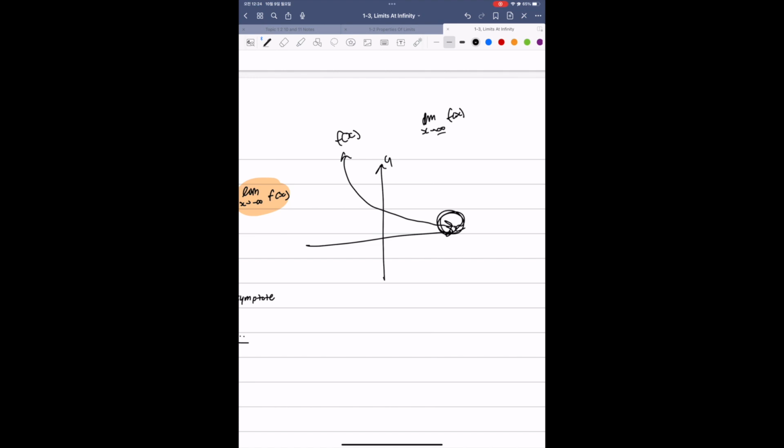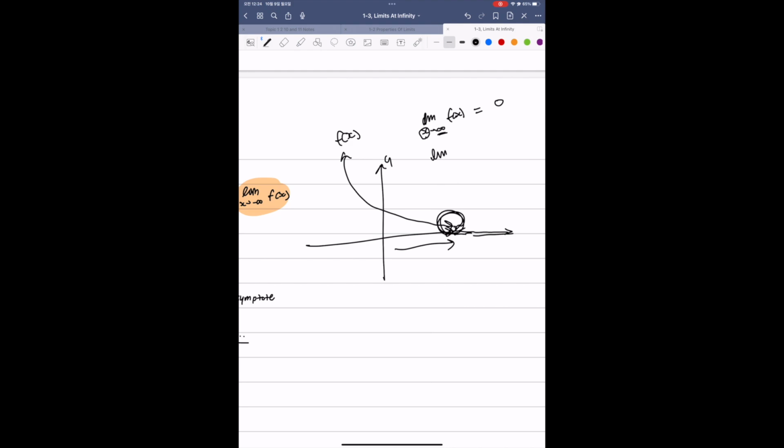Because x is going toward positive infinity, which is in this direction, and since the graph is going toward 0, the answer should be 0.